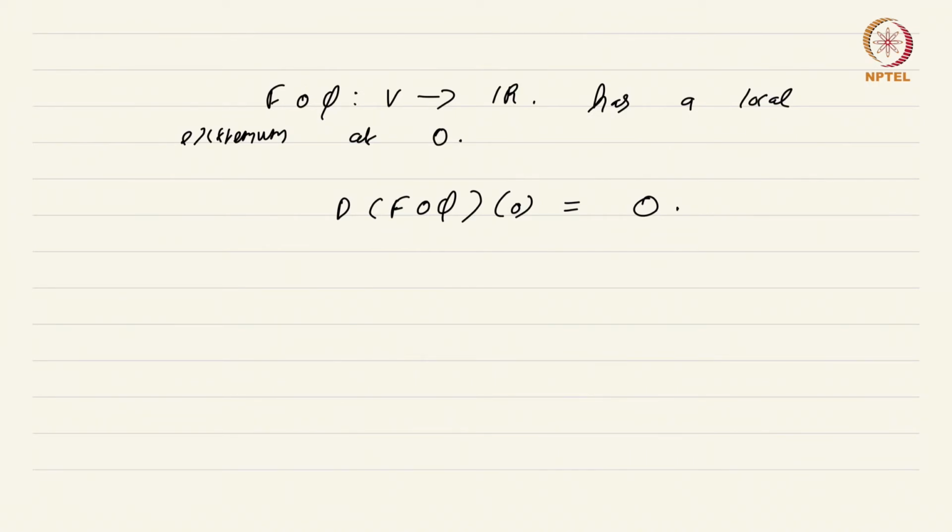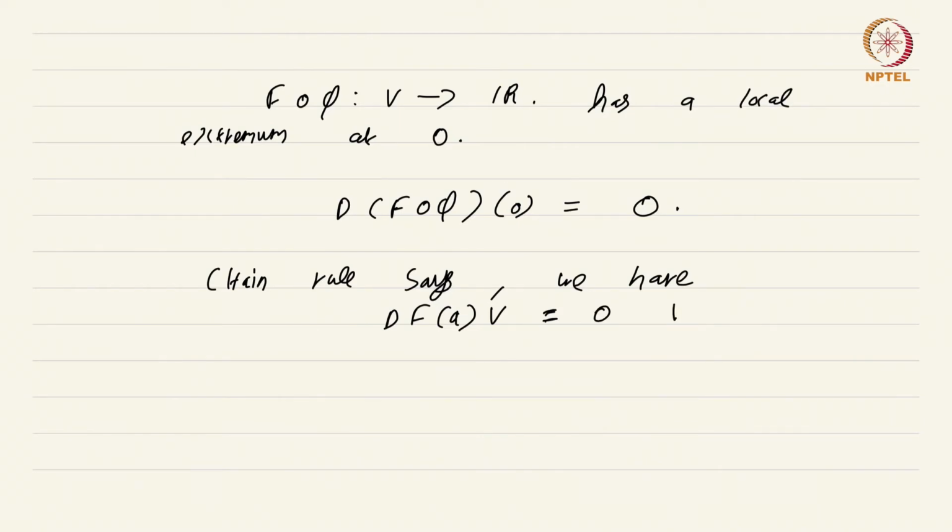Well, what does the chain rule say? We have dfA acting on v is equal to 0 for all v in the tangent space of M at A.